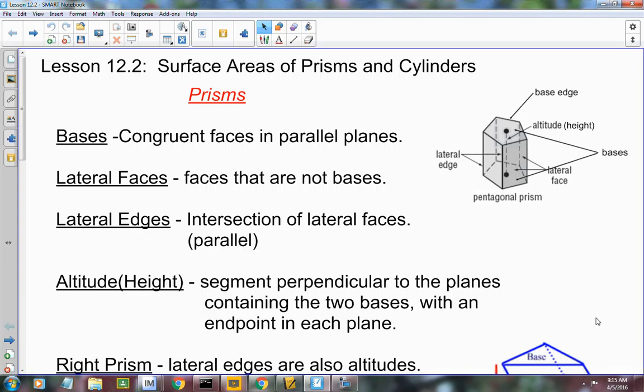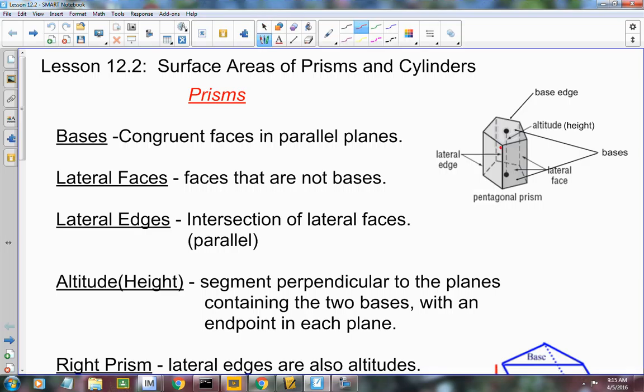A couple of things we'll just review from yesterday. Remember, you have bases, and those are your congruent faces in parallel planes. Like in this triangular prism, my two triangles are my bases. We have lateral faces, those are the faces that make up the sides. In this case, there's three of them. Then we have lateral edges, and lateral edges are where the lateral faces intersect.